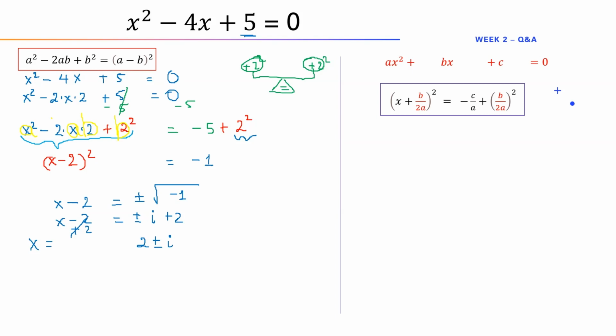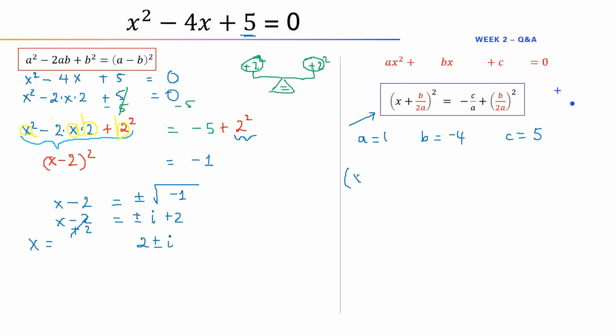So on this side, we do the same, right? We use this one. A equal 1, B equal negative 4, C equal 5. Now we plug in.